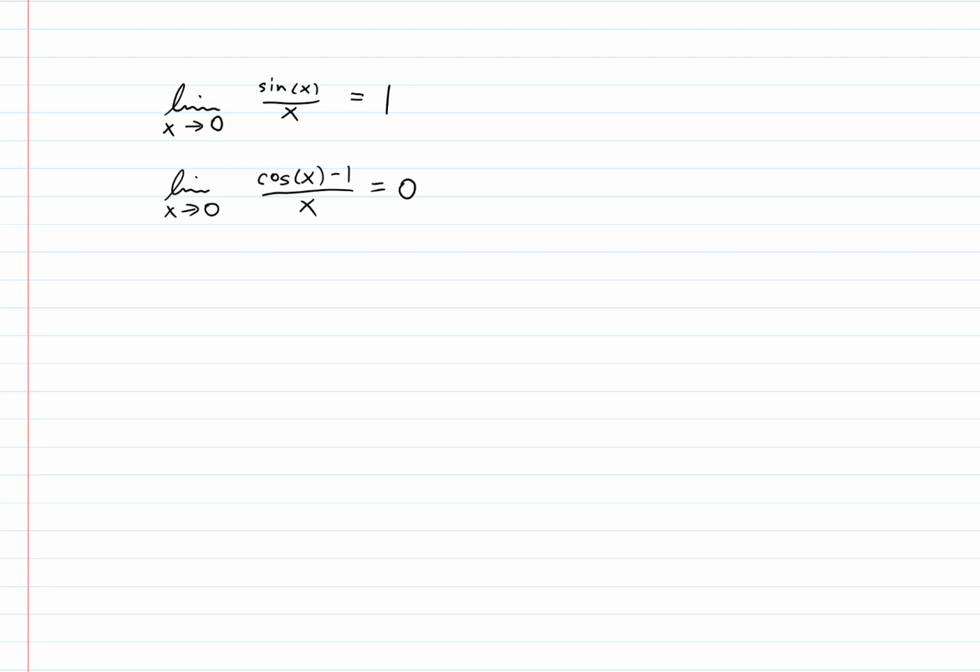Okay? Let's do the limit of 1 plus x to the power 1 over x as x goes to 0. So we would have a problem there because of the 1 over x; as x goes to 0, 1 over x approaches infinity.